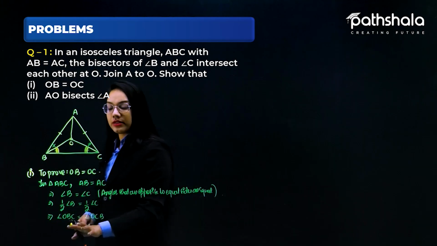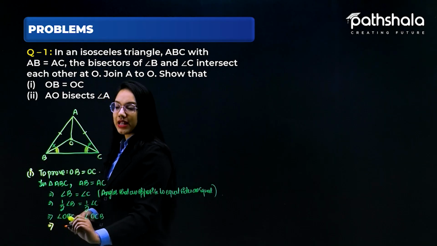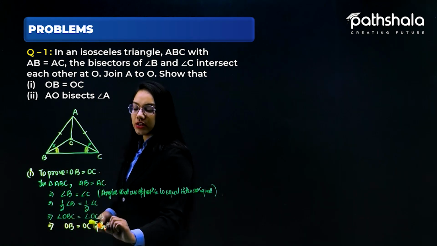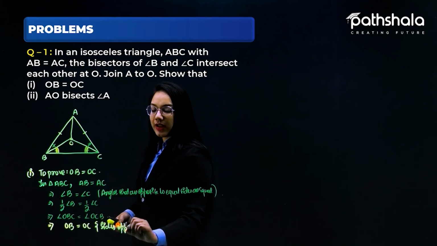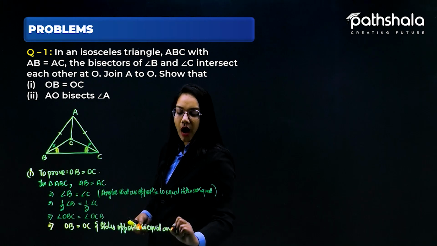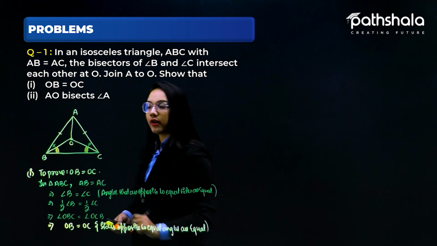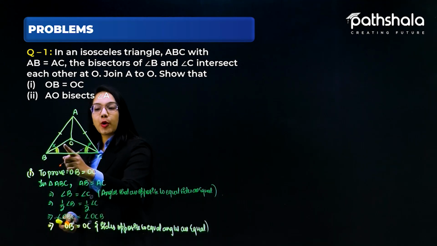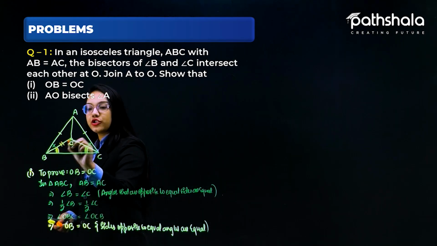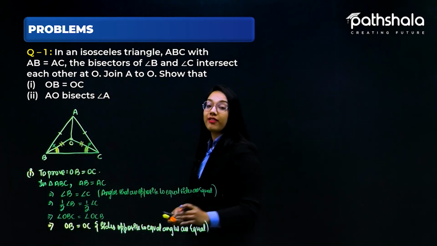So it implies that OB is equal to OC. Why so? The sides opposite to equal angles are equal. This side is equal to this side, and hence this is what we had to prove in the first part.